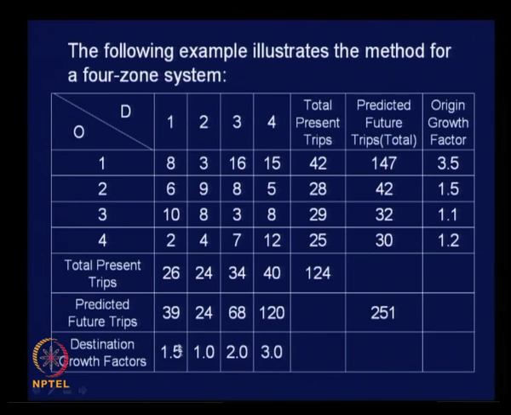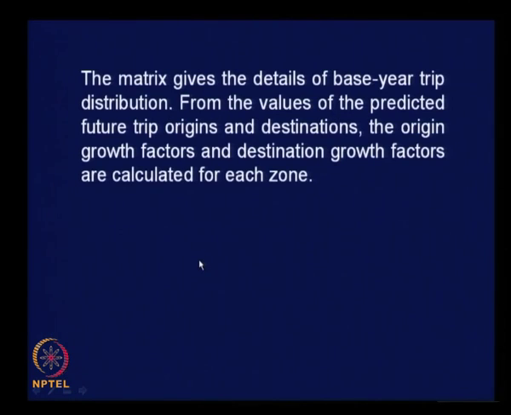We are going to multiply 8 by 1.5, 6 by 1.5, 10 by 1.5, 2 also by 1.5. Then 3 will be multiplied by 1, 9 again by 1, 8 by 1, 4 by 1, right. So, this is the process that we actually mean by this statement.